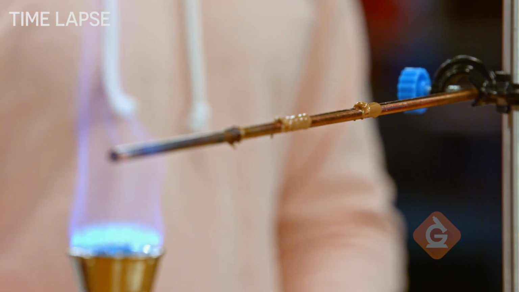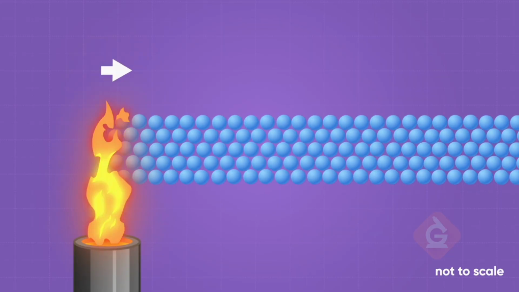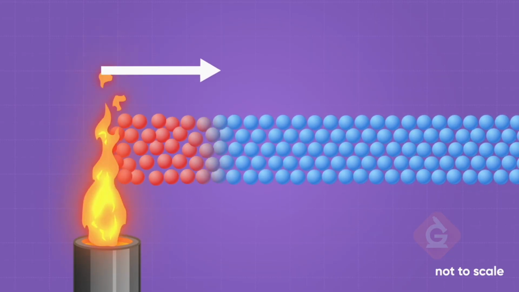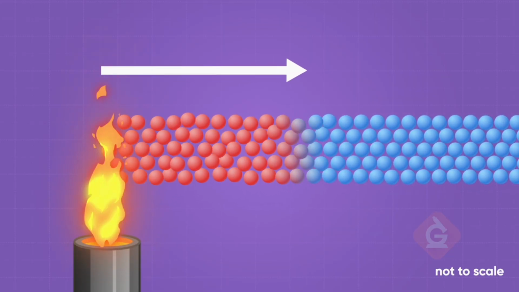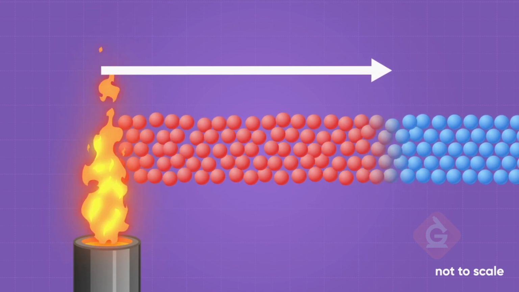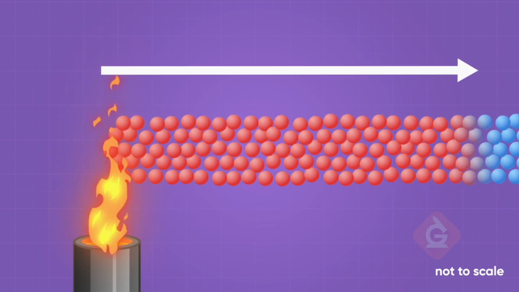When thermal energy is conducted along the copper rod, vibrating atoms bump into each other, causing the ones next to them to vibrate too. The result is thermal energy transfer.